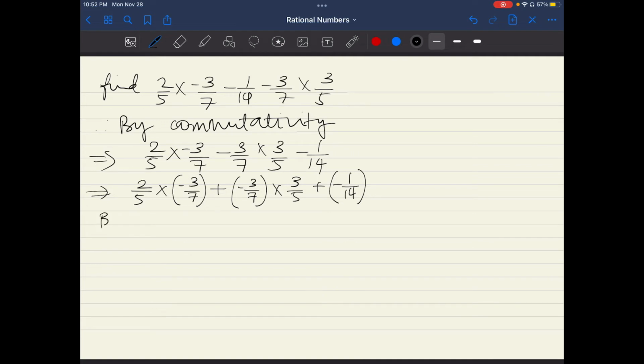So now we also know that rational numbers are distributive.